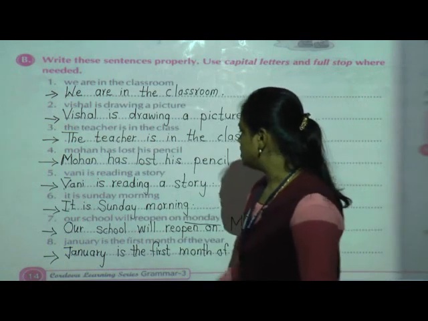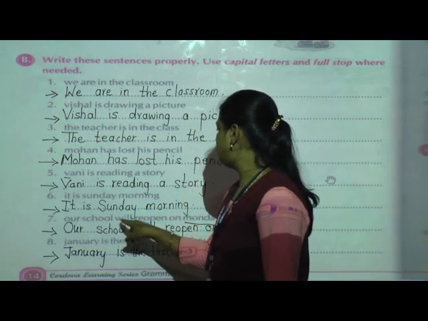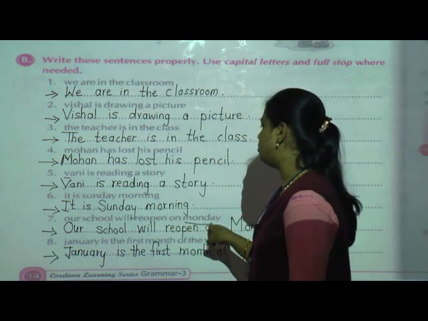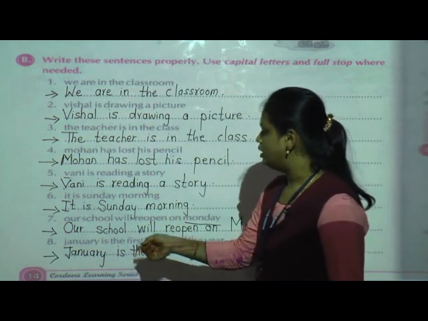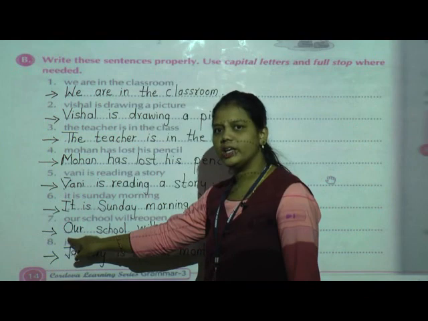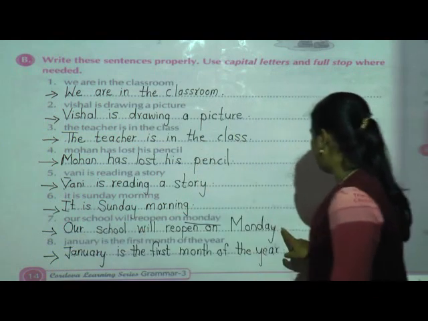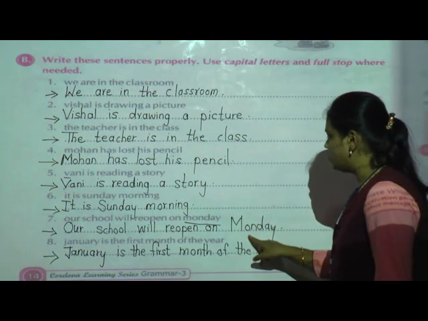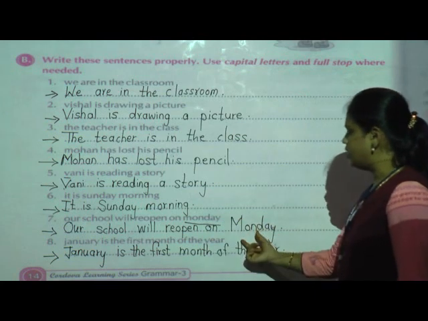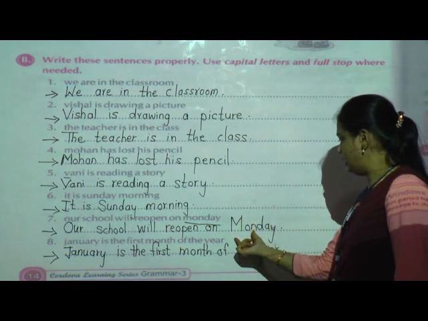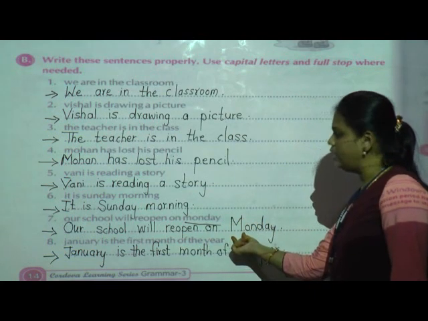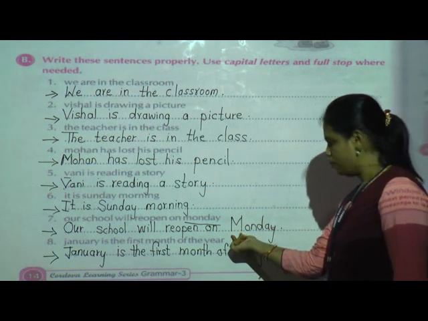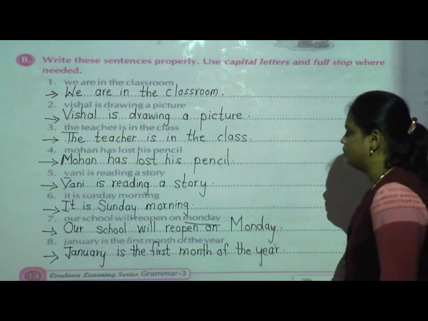Okay. Now the seventh one is: Our school will reopen on Monday. Again, begin with the capital letter and end with the full stop. What is given is Monday, a day, so the first letter of the day I have written in capital.